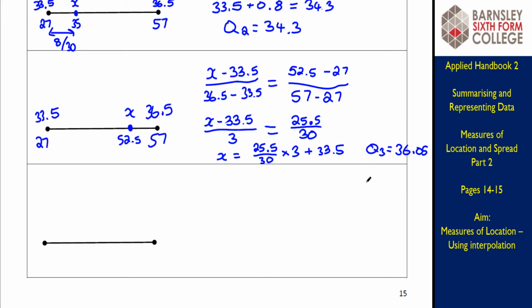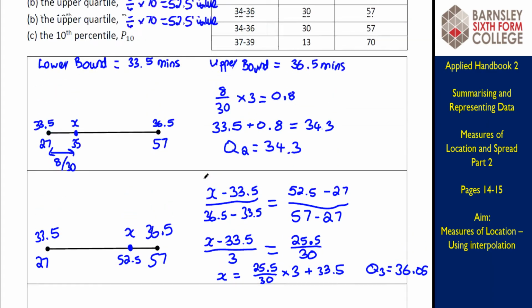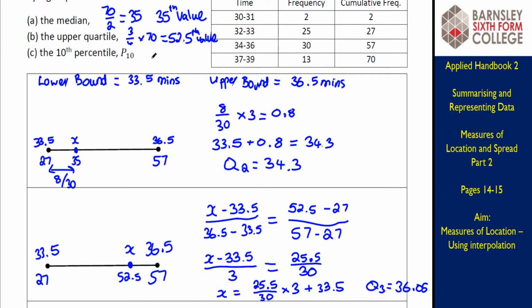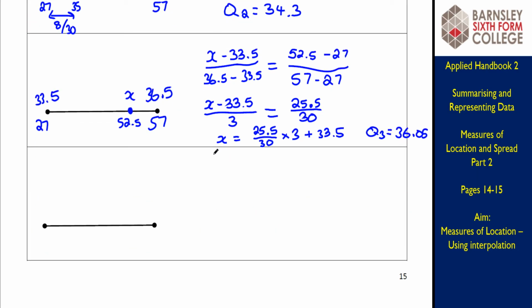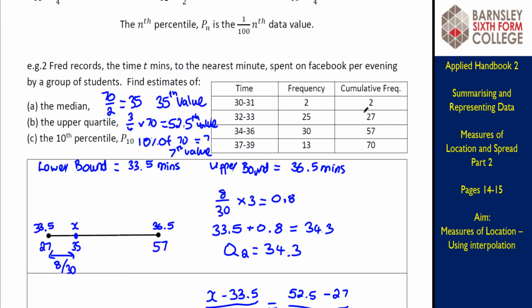Okay, and then finally, whichever way you prefer doing it, the last example. So you're looking for the 10th percentile. So we just work out 10% of 70. That's not going to be too hard. That's 7, so you're looking for your 7th value. And your 7th value, well, it's not going to be in the first row, it's going to be in the second row.